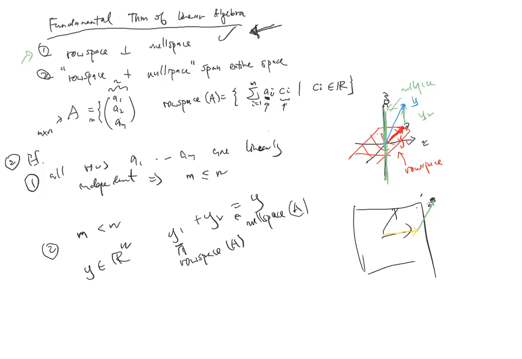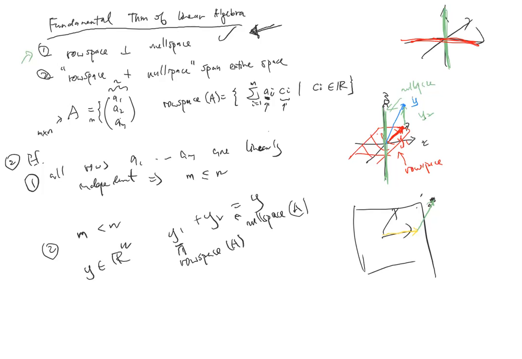For example, in a three-dimensional space, the null space may be the z-axis and the row space may be just the x-axis. Then the row space is perpendicular to the null space, but together they don't cover the entire space. Anyway, it's something trivial, but I just want to clarify that.